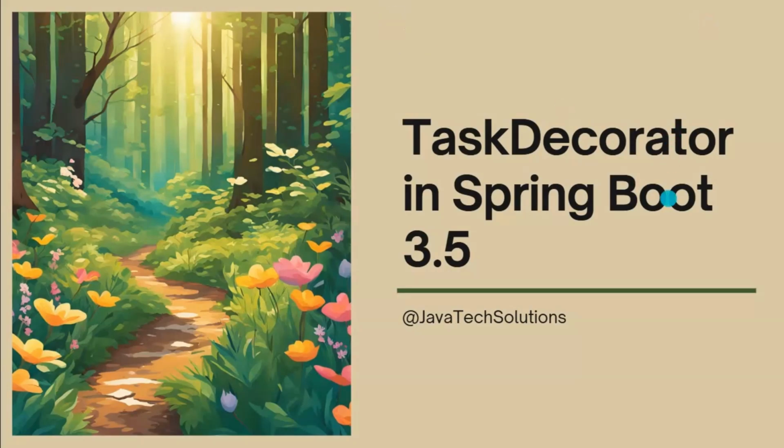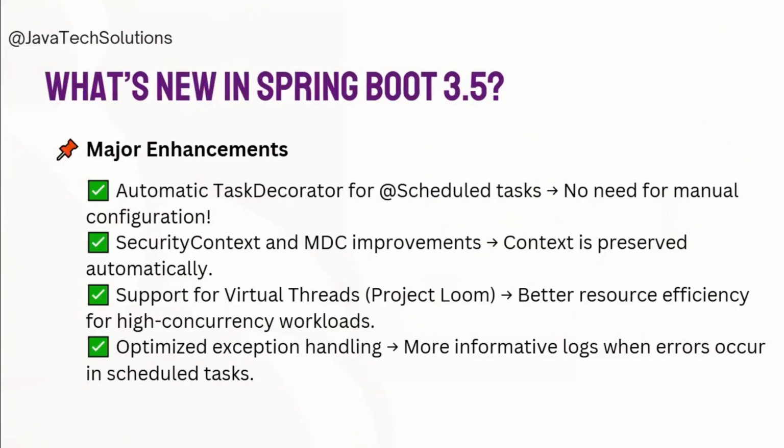Let's try to understand the major enhancements done in Spring Boot 3.5. First, automatic TaskDecorator for scheduled tasks. We don't need to do manual configuration for this. Second, security context and MDC improvements, where context is preserved automatically.